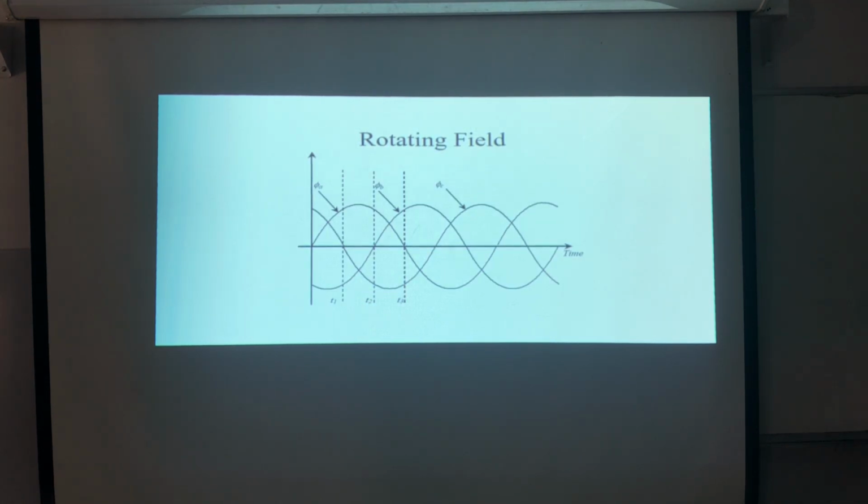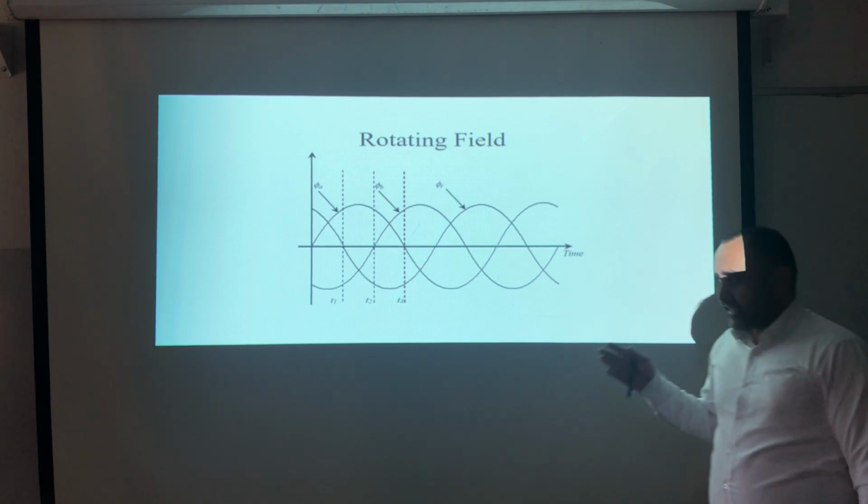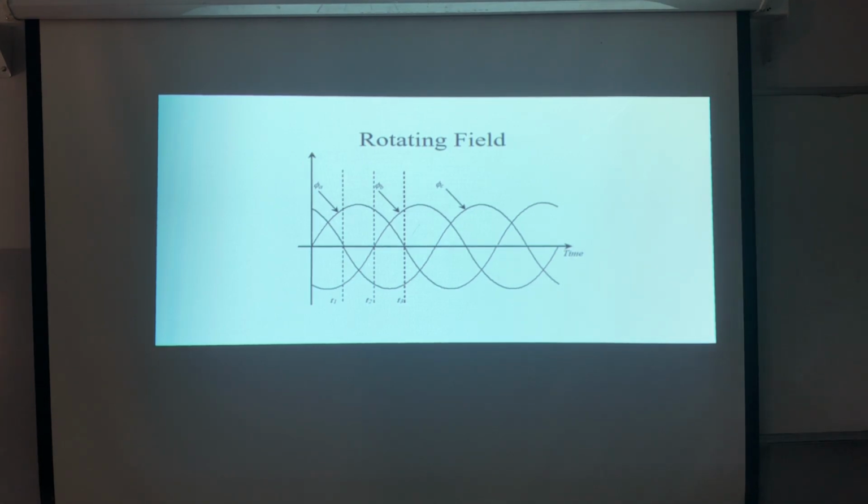Now let's see the idea of the rotating field. So simply, if I'm energizing the phase A with a certain voltage, a flux will be generated, and this flux can be represented as, let's say, phi A equals phi max sine omega t.